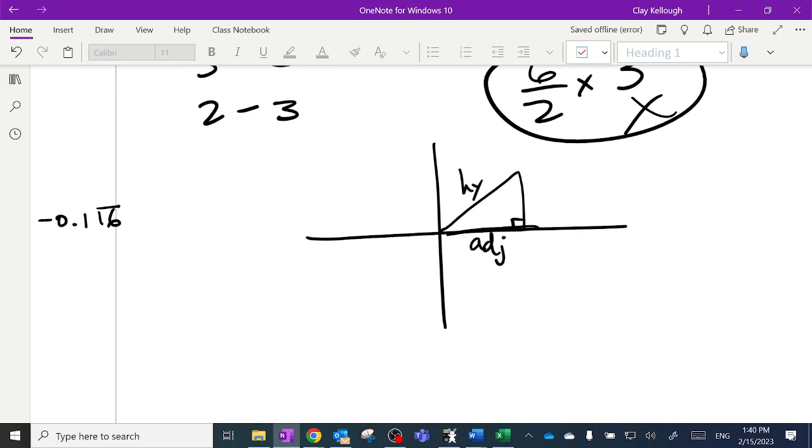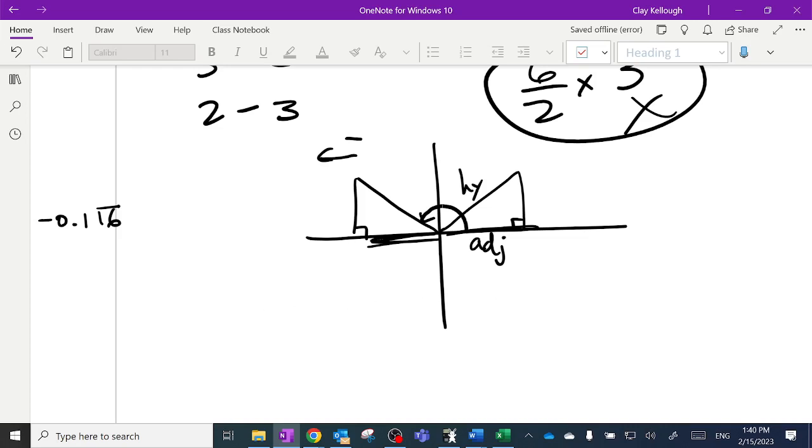That's a positive line. But if I put the same triangle right over here, that line is now in the negative x direction. So the adjacent over hypotenuse is a negative number. Cosines can be negative when your angle is bigger than 90 degrees.